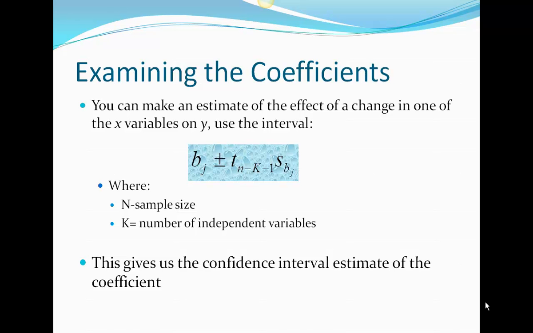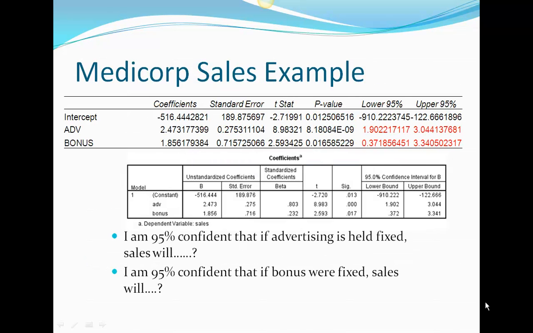And this 95% confidence interval is automatically going to be spit out by Excel and SPSS as well. So I can see that I am 95% confident that for every $100 increase in advertising, sales will increase by between $1,902 and $3,044 ceteris paribus.